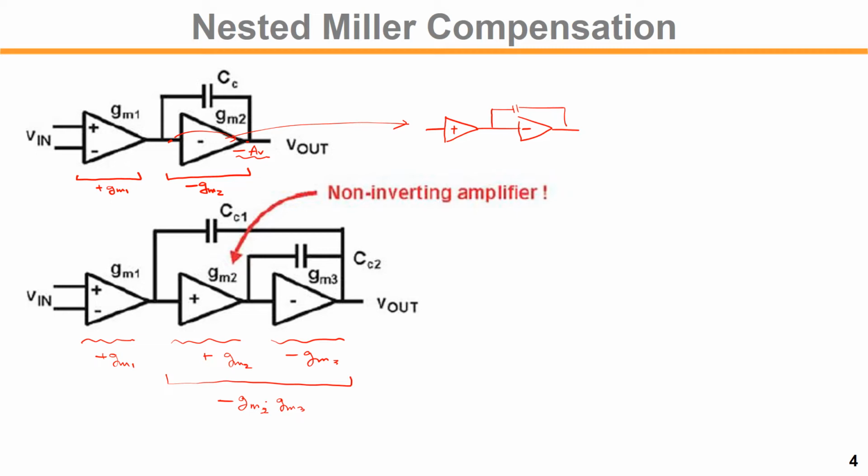So you can see that the second stage amplifier needs to be a positive voltage gain amplifier.